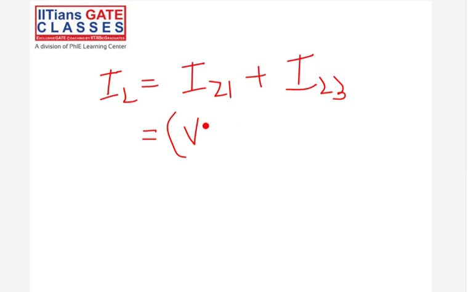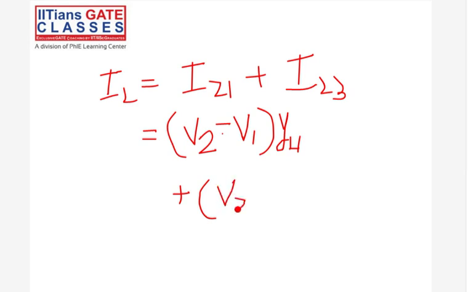Since we are going for, we're just assuming directions, so this would be plus V2 minus V3. I'm just deriving it again so that it refreshes your memory.